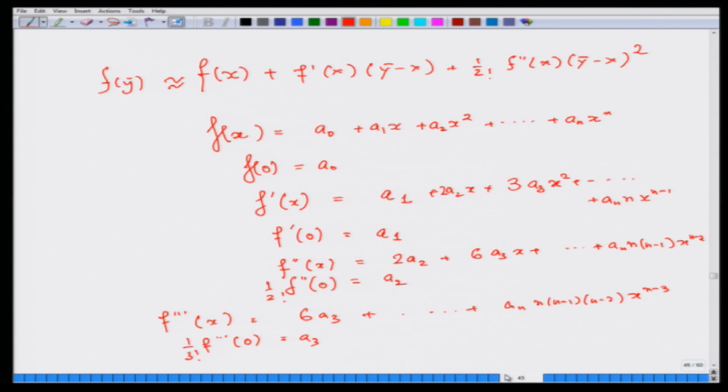Earlier this was the second order Taylor polynomial of f at x equal to x.